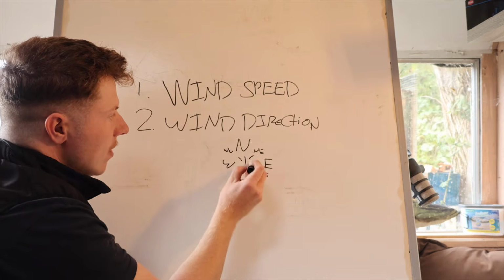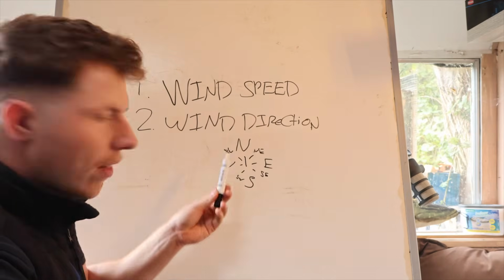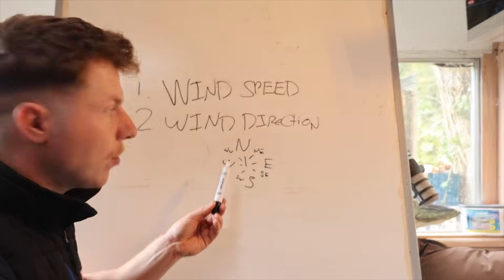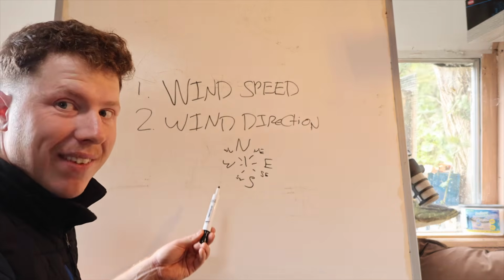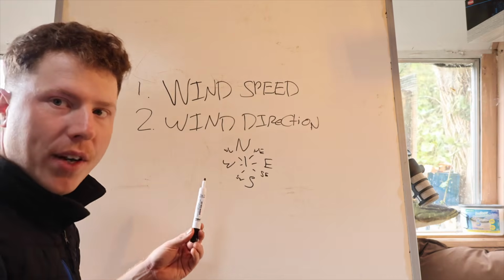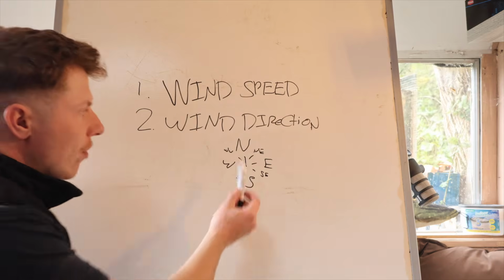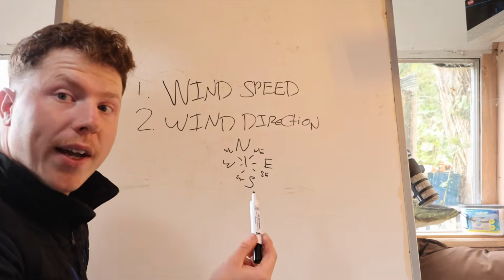Now the wind direction is interesting. Parts of the UK are going to prefer a northerly wind. Some parts of the UK are going to prefer a southerly wind. We're going to talk about that later on in the video. But at the moment you need to be looking at wind direction and whether it's northerly, easterly, westerly, southerly, southeasterly, westerly. You get the idea.